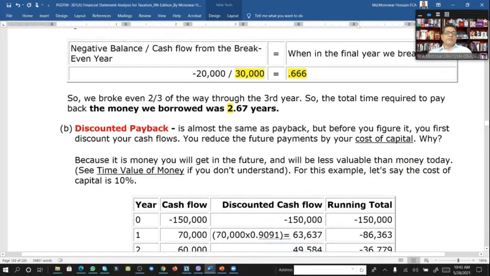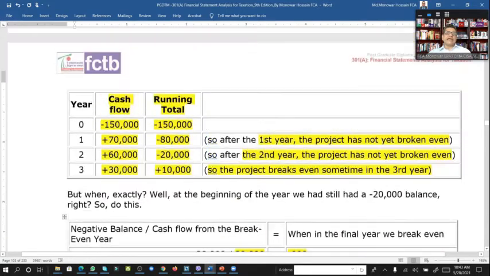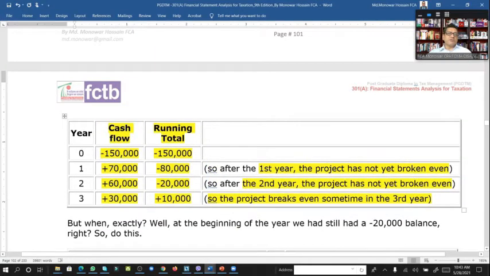Now the discounted payback period is almost the same as the payback period, but before you figure it out, you first have to discount your cash flow. Here we consider the time value of money, which is not considered in the simple payback period. For example, we invest 1,50,000 in year 0, that means now.